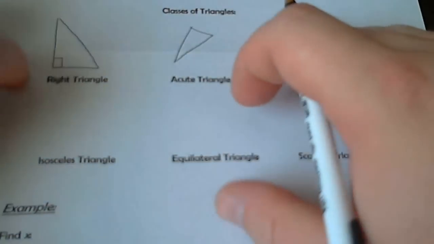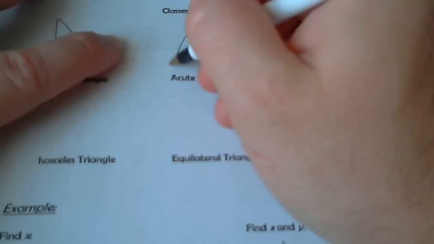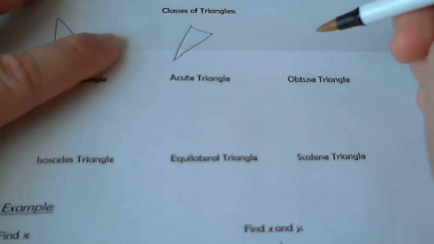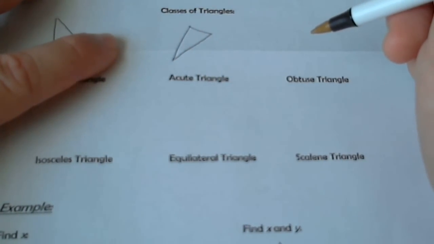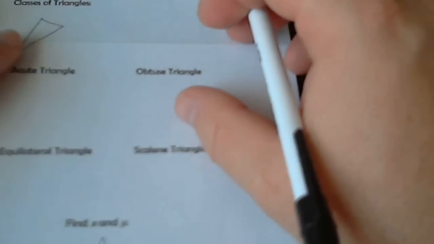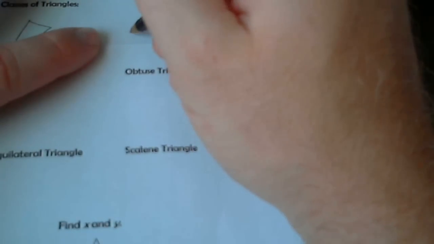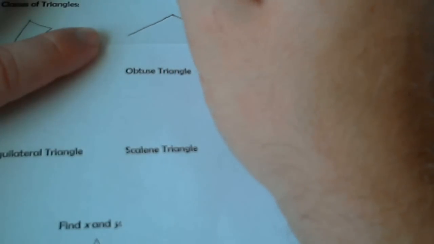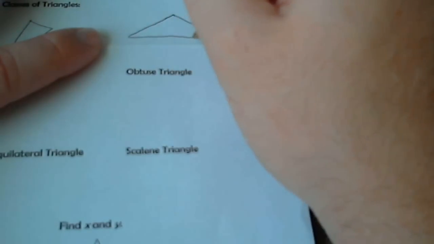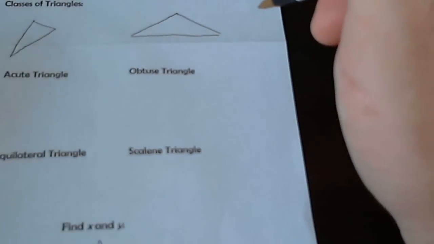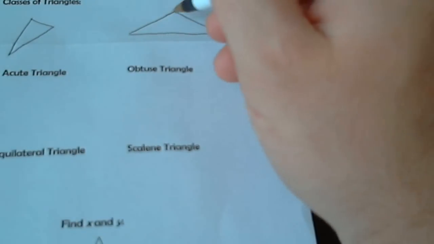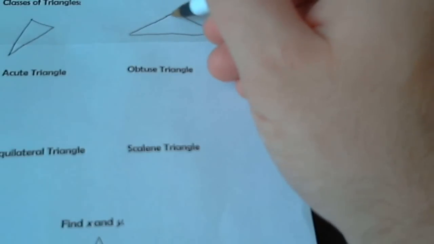So in this triangle, hopefully it's easy to see that all of these angles are less than 90 degrees. An obtuse triangle, however, has one angle that's very large, something like that. An obtuse triangle has an angle that is larger than 90 degrees.